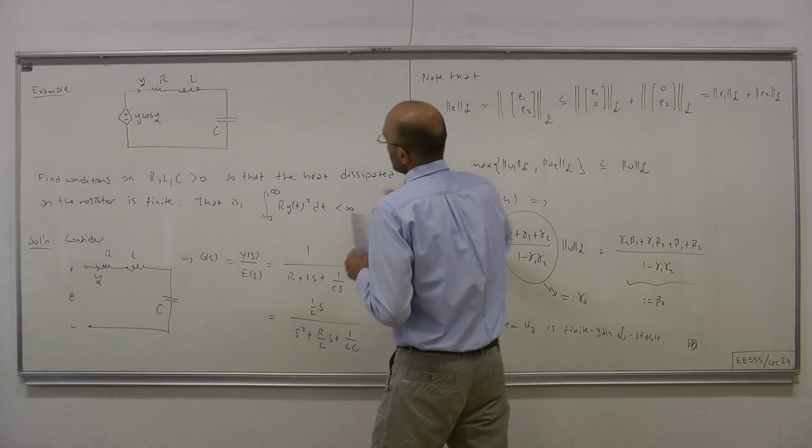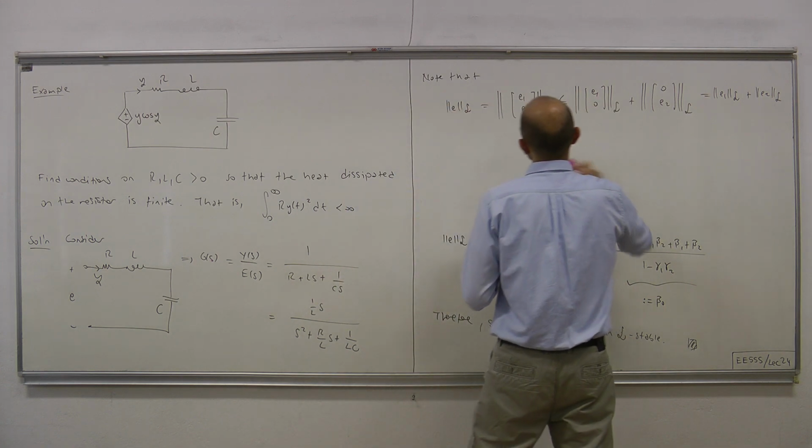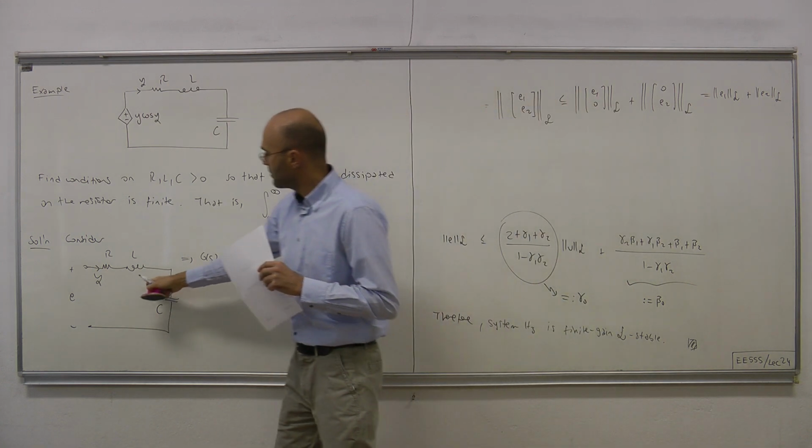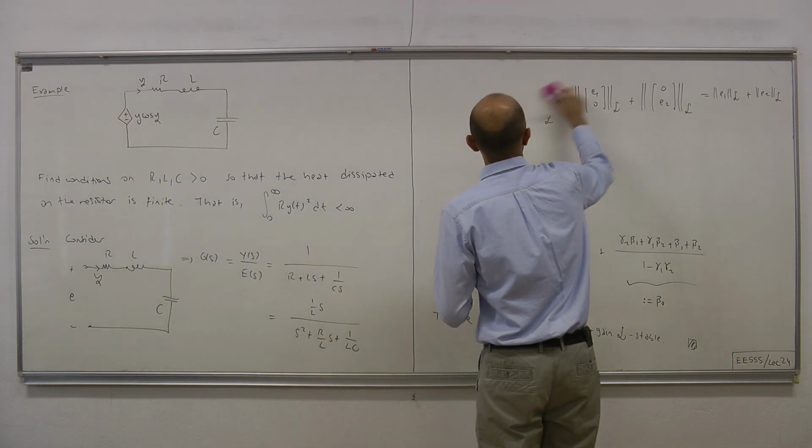Now, we're going to consider this circuit as a connection of two subsystems. This is our first subsystem. The other subsystem is represented by that dependent source.